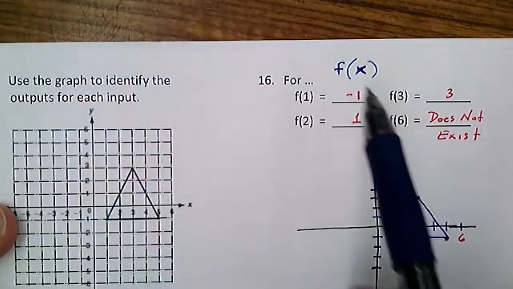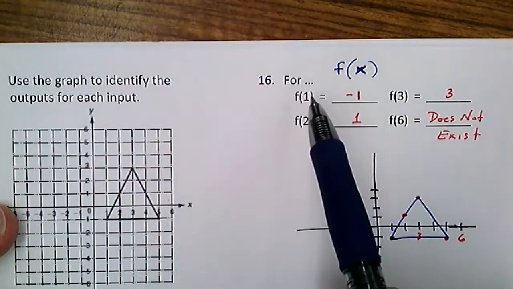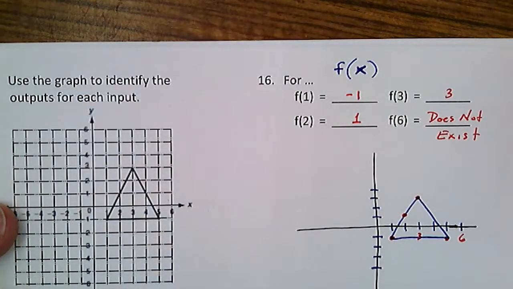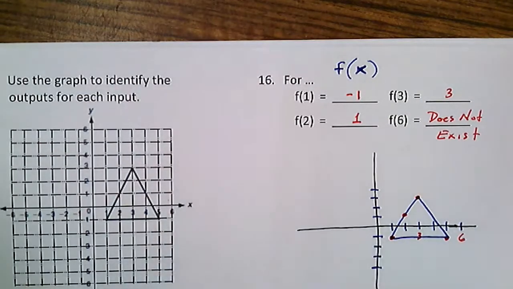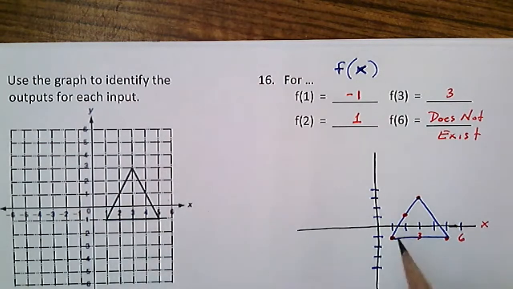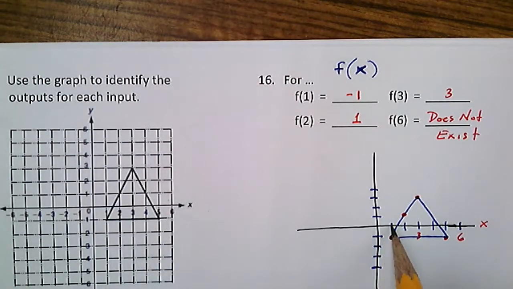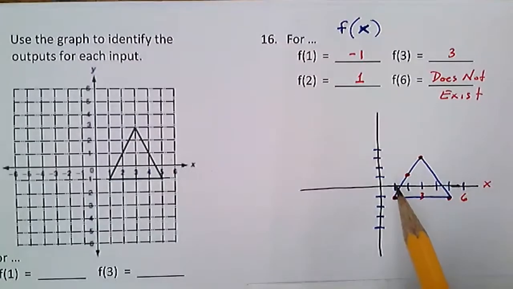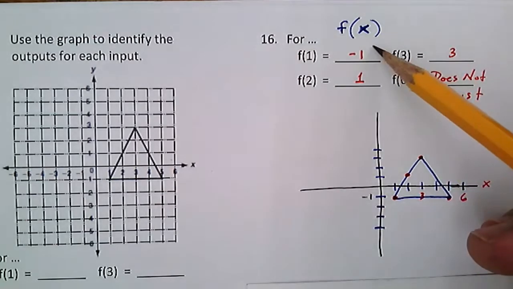Okay, if x is 1, I'm going to look at my x-axis and go over to 1. Well, where's the graph at 1? It's down here at -1, right? This would be -1, so that's why I put a -1.